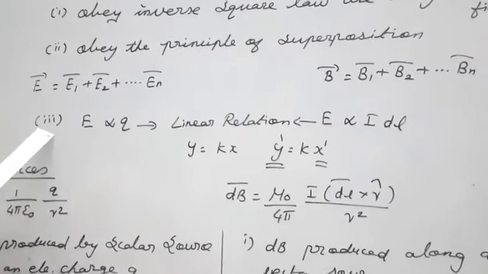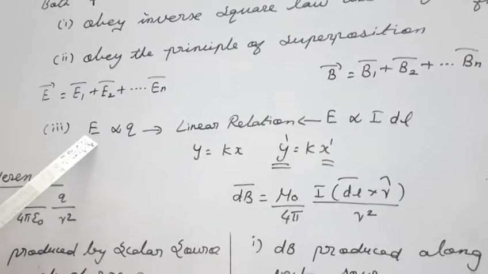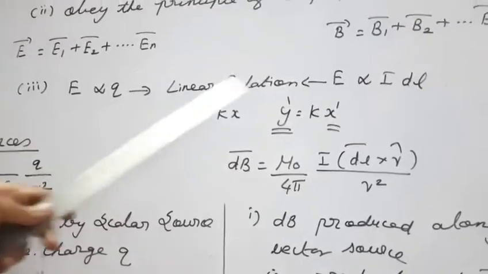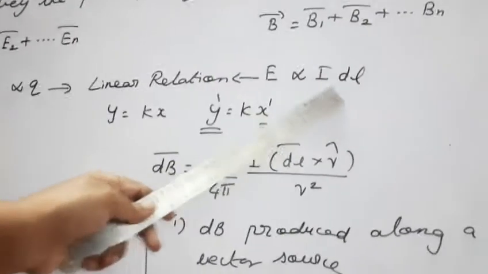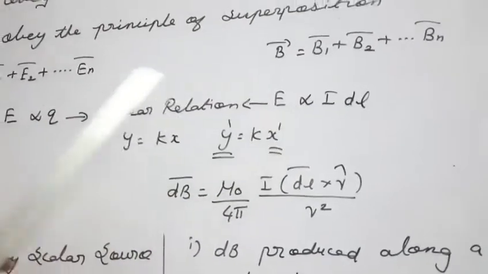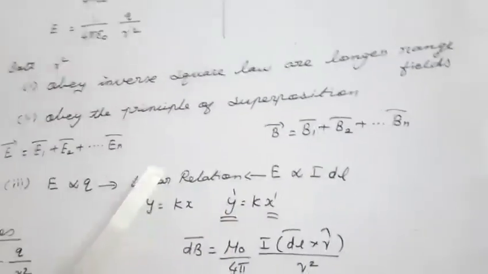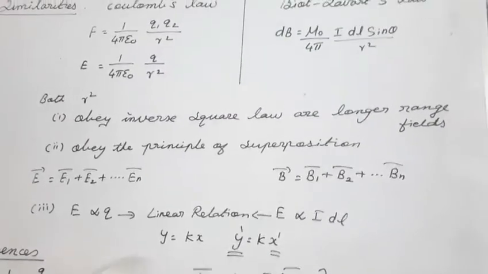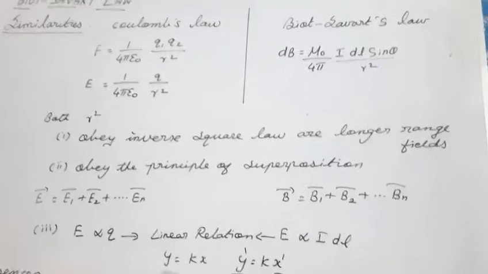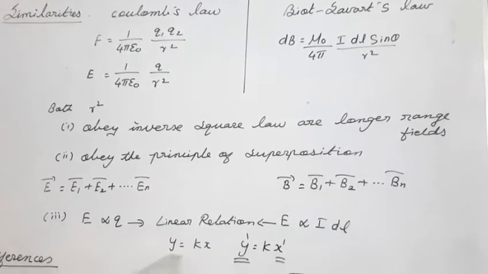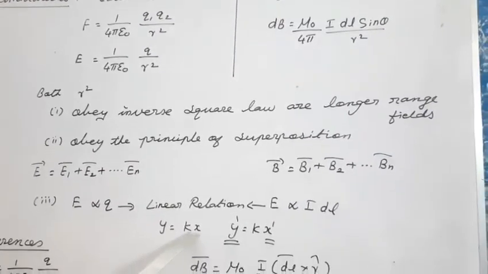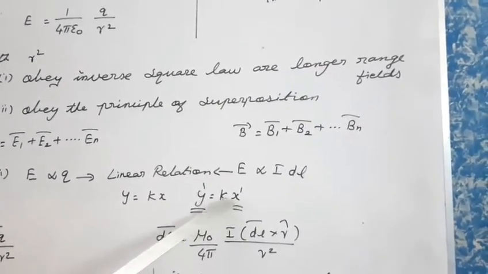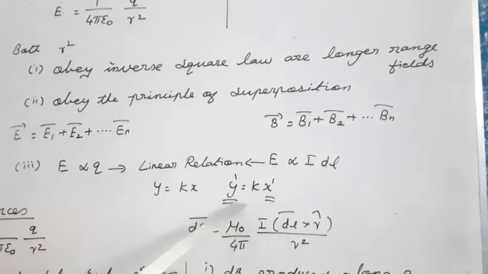The third point is that the electric field is directly proportional to the charge Q, and the magnetic field is directly proportional to I into dl. This is known as a linear relation. What is meant by linear relation? In the mathematical formula y equals kx, the power of y is 1 and the power of x is 1, so the powers are equal. That is known as a linear relation.